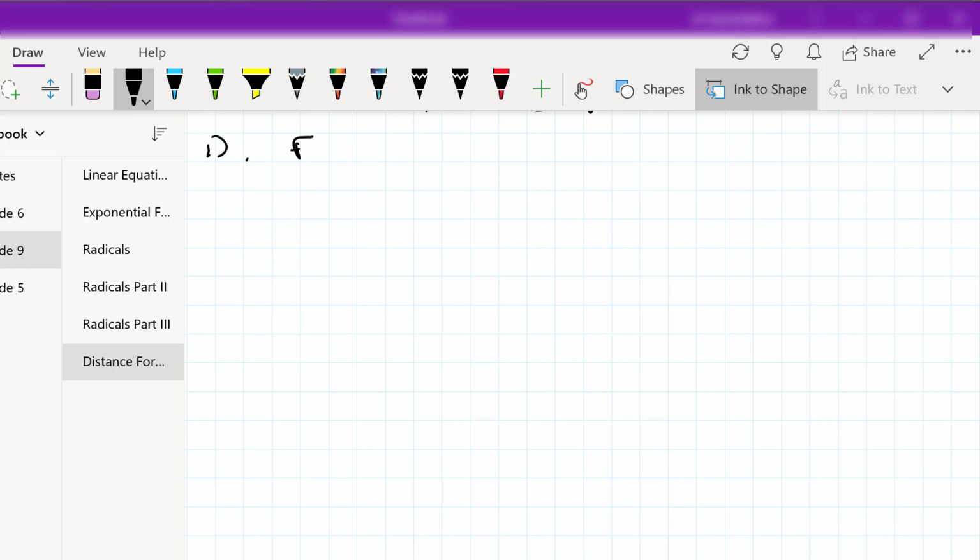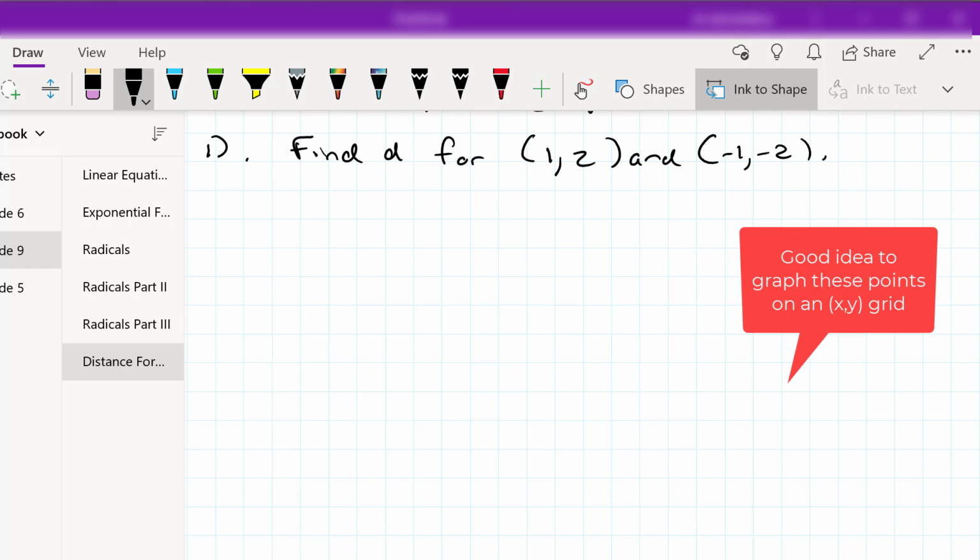Suppose I was asked to find D for the points 1, 2, and minus 1, minus 2.